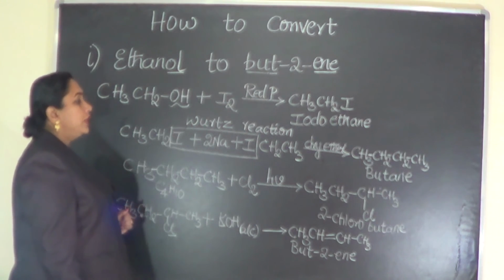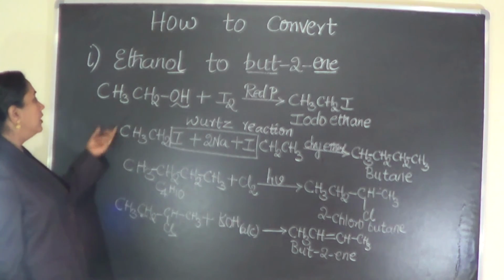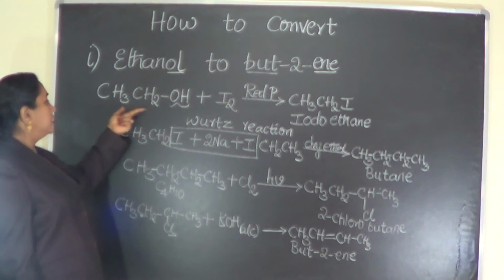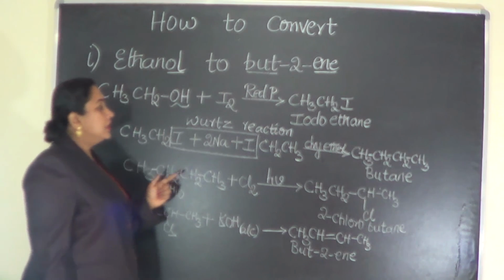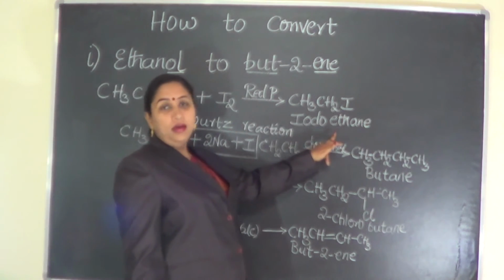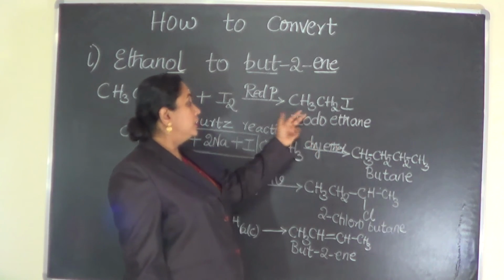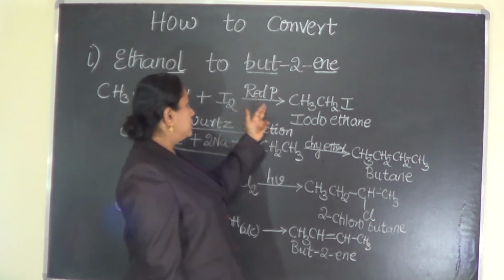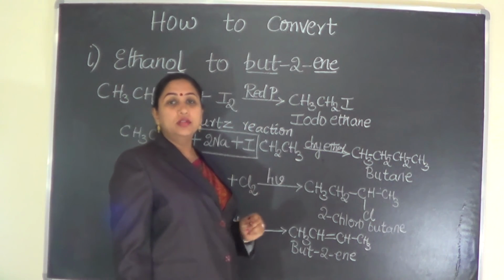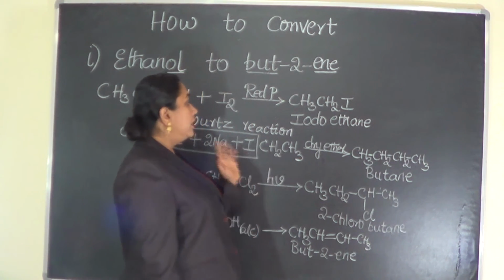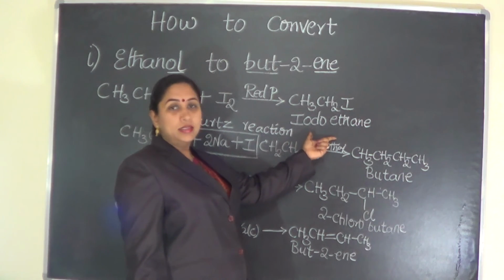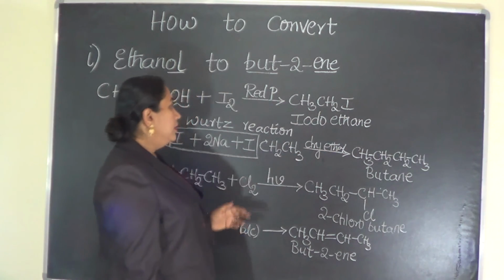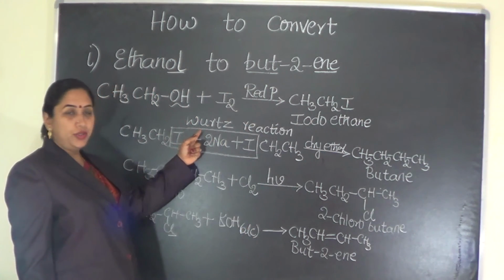Let me go through a quick repetition of all of the steps. Ethanol, CH3CH2OH, is converted into haloethane. That can be carried out either with iodination in presence of red phosphorus, or we can also treat it with hydrogen halide. Either way will yield iodoethane or a haloethane. This is then subjected to Wurtz reaction.